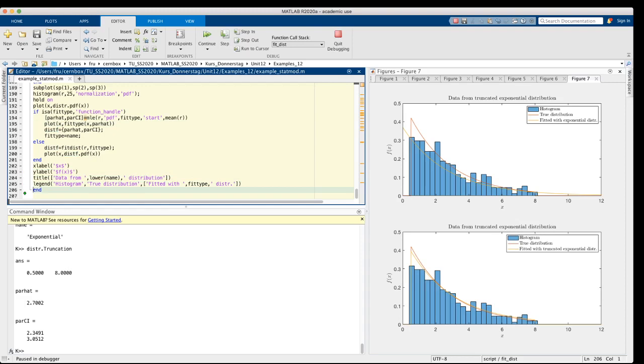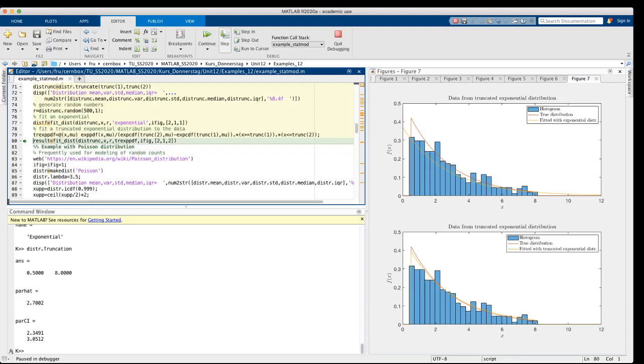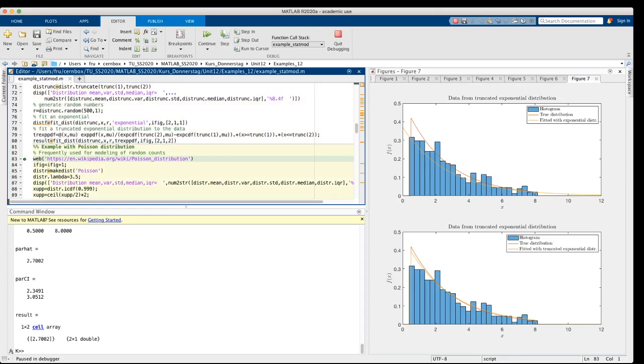So we have the histogram, the true truncated exponential, and the fitted truncated exponential. Okay, so this is a way to deal with truncated distributions.